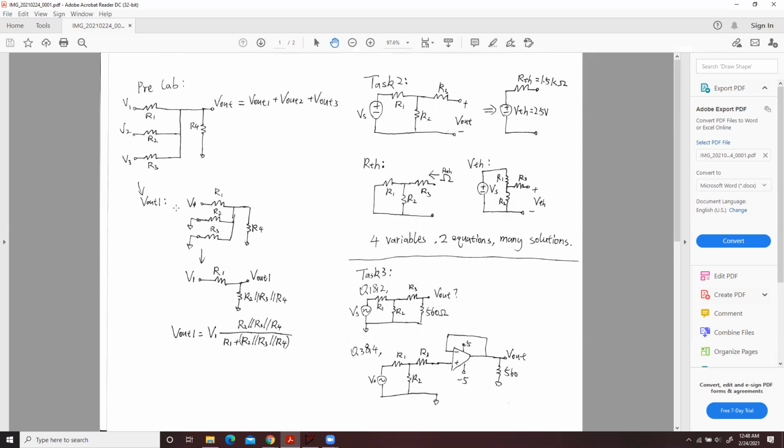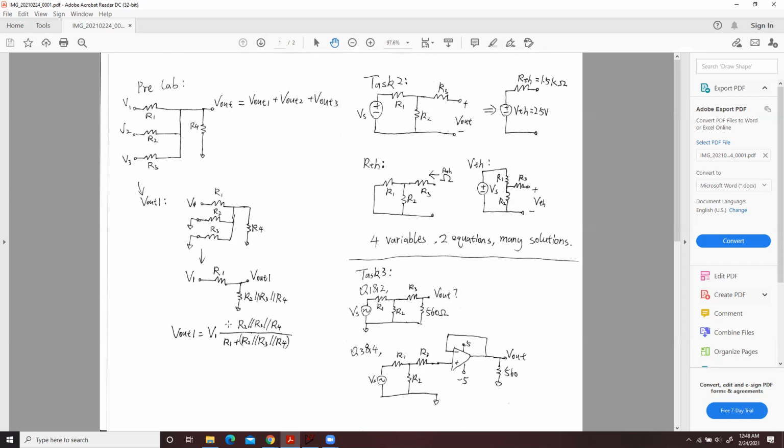Then you have this circuit, and we can transform it to this one, which is R1 in series with R2, R3, R4 in parallel. The current goes to R1 first, then goes to R2, R3, and R4 at the same time, so those three resistors are in parallel.